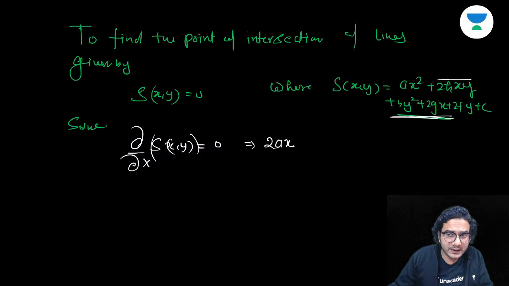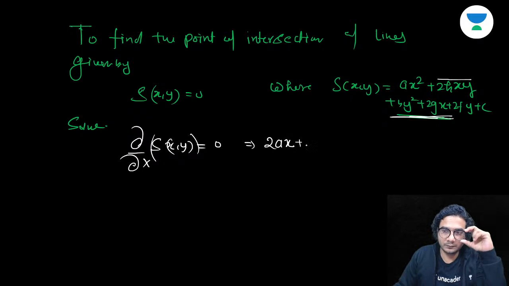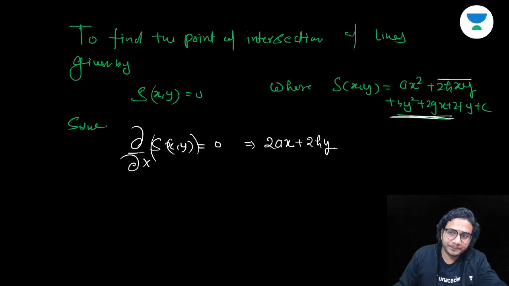Now, if you differentiate 2hxy with respect to x, what will be the term? It is going to be 2hy, right? And then differentiation of by square will be 0 because there's no x.